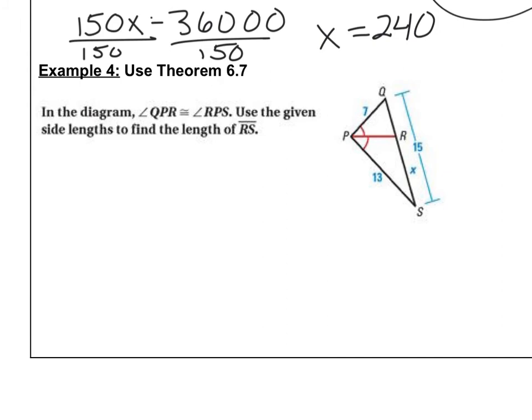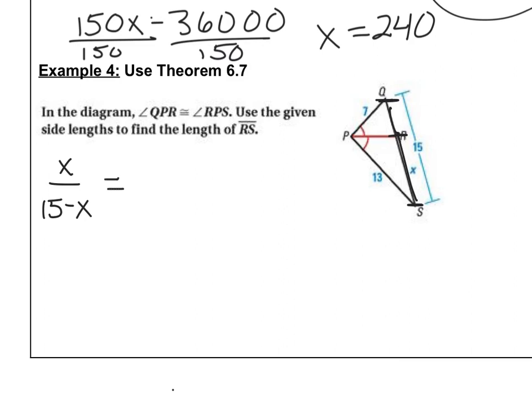So these two sides we're going to set in a proportion. Now the whole thing is 15, and we know one side is X. So if that one's X, then the other one has to be 15 minus X, because we know the total length and one of the lengths, so to find the missing one we just subtract it.